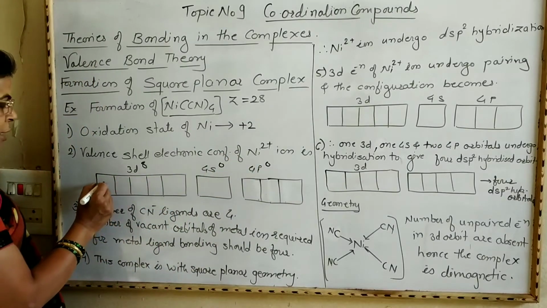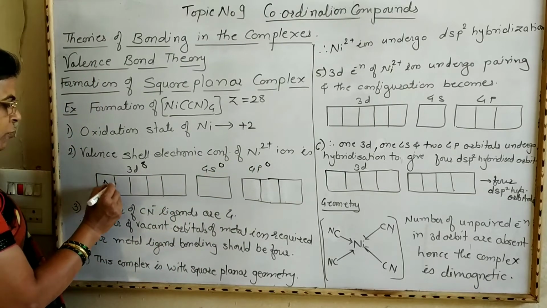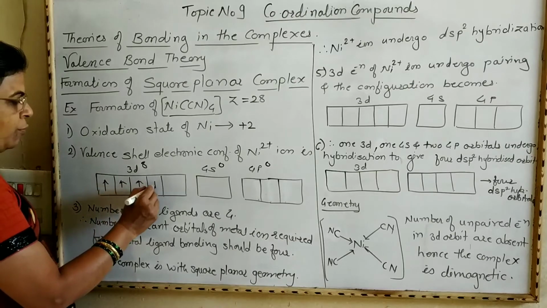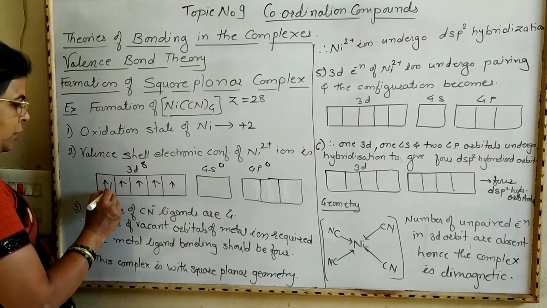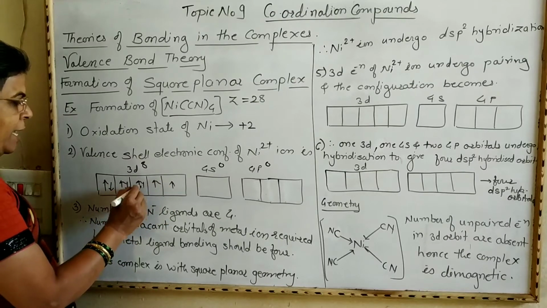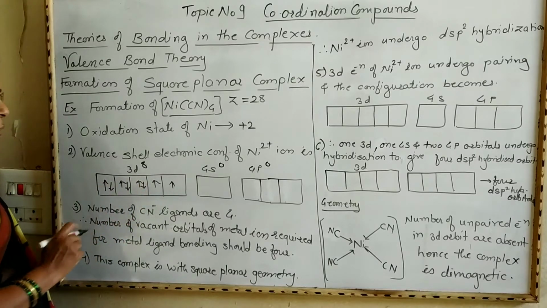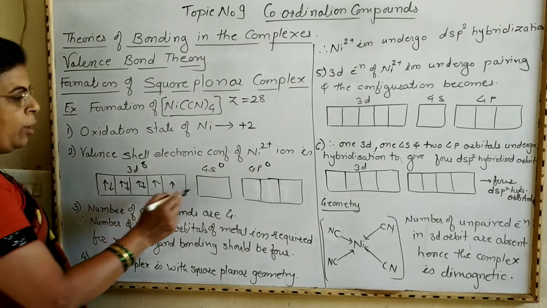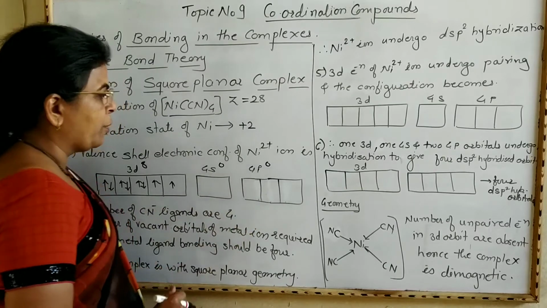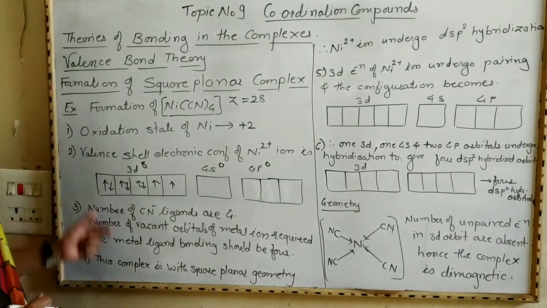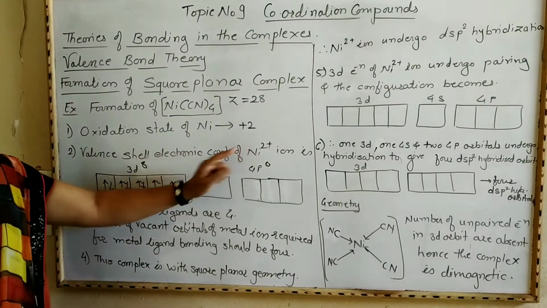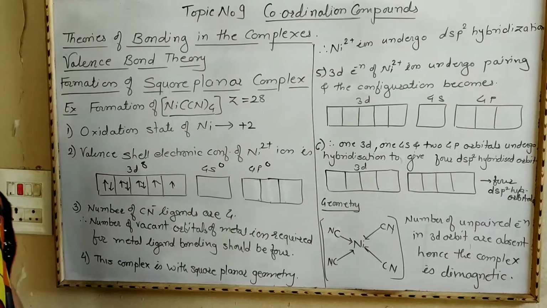We can write this electronic configuration like this: 1, 2, 3, 4, 5, 6, 7 and 8. There are two unpaired electrons in 3d orbital. 4s orbital is vacant and 4p orbital is also vacant. This is the valence electronic configuration of Ni2+ ion.